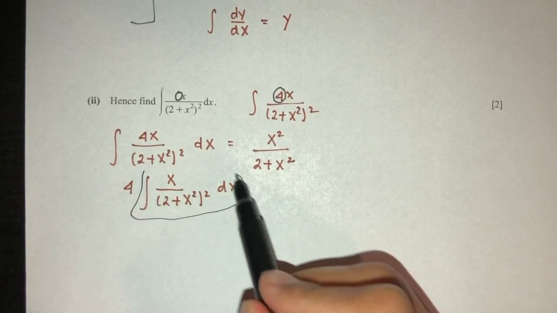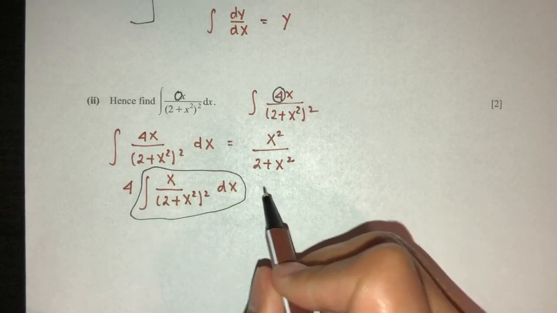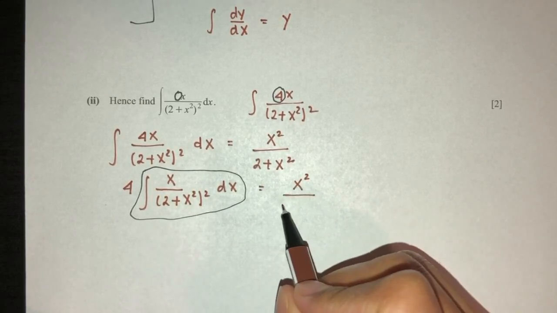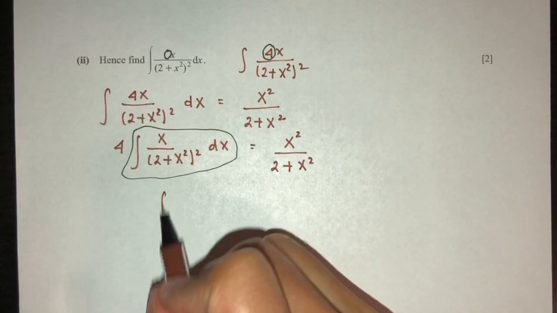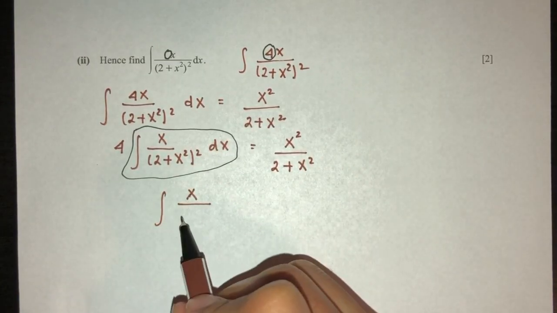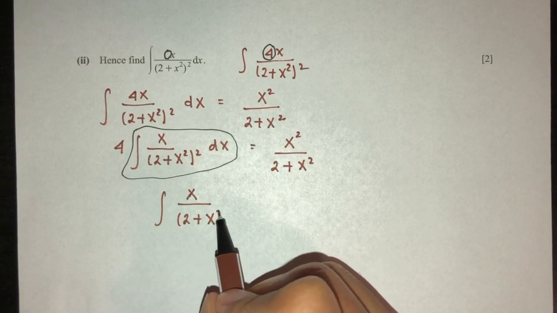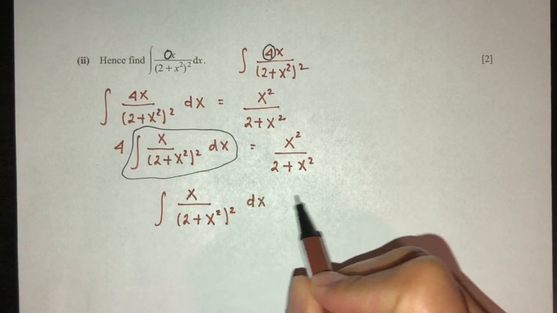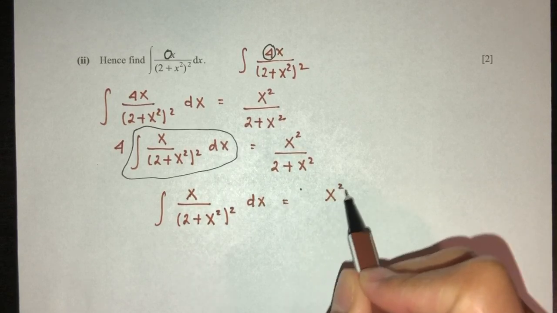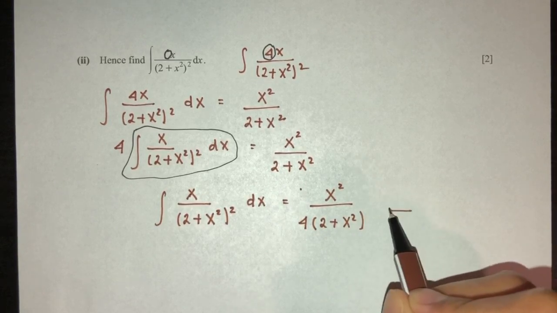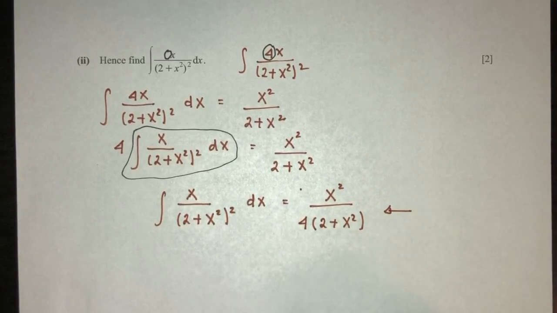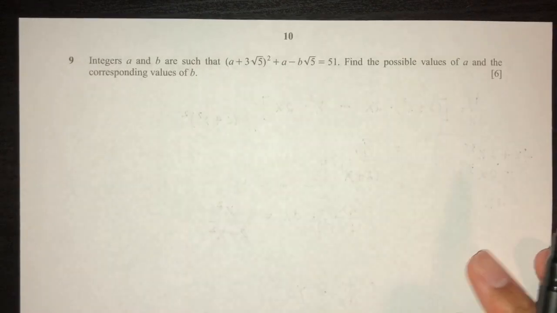This is equal to the same thing, and then we can just send this value of 4 over here. That will become the integration of x over (2 plus x squared) squared dx, which should give you x squared over 4 times (2 plus x squared). And this is your answer for part 2. Okay, and that is question number 8. Let's move on to question number 9.